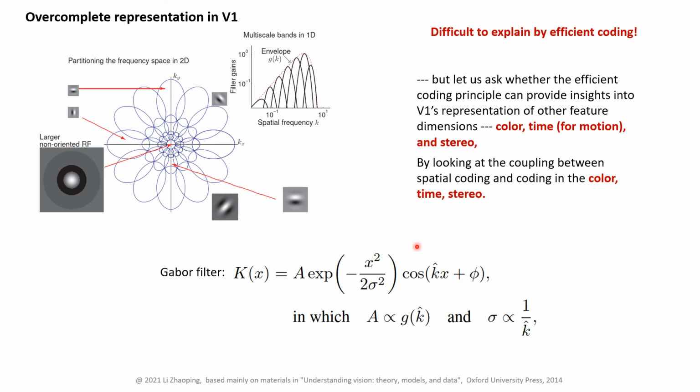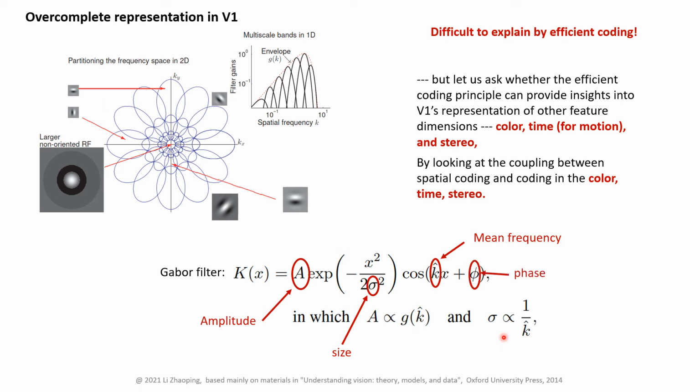It really is a cosine wave within a Gaussian envelope, and has an amplitude A, and this amplitude A should scale with the gain G, so G at the average spatial frequency k of this wave, and also this sigma gives the size of the Gaussian envelope, so it's a small size or bigger size and so on, and this size is inversely scaled with the frequency. So for filters tuned to higher frequency, you have a smaller size.